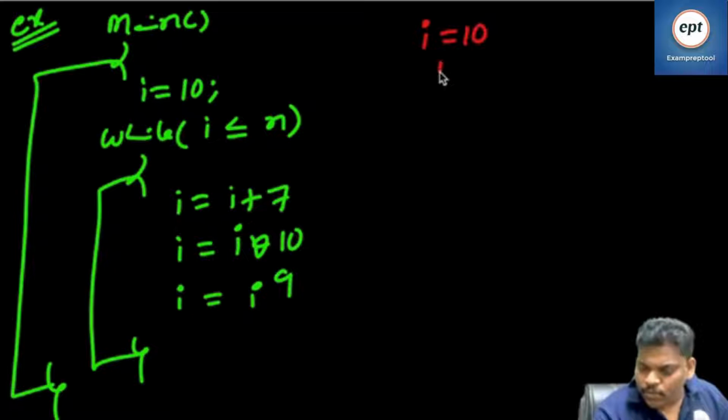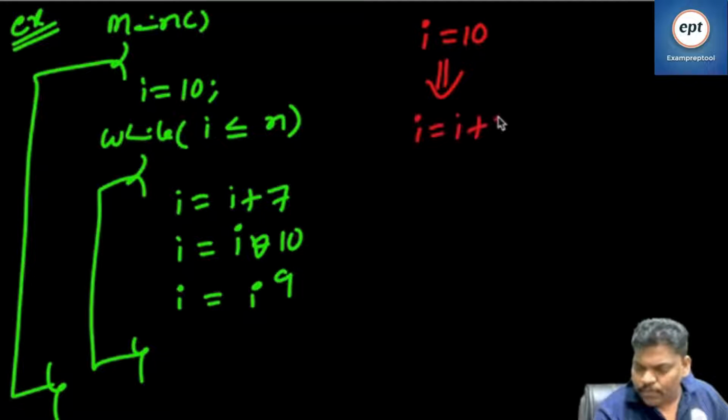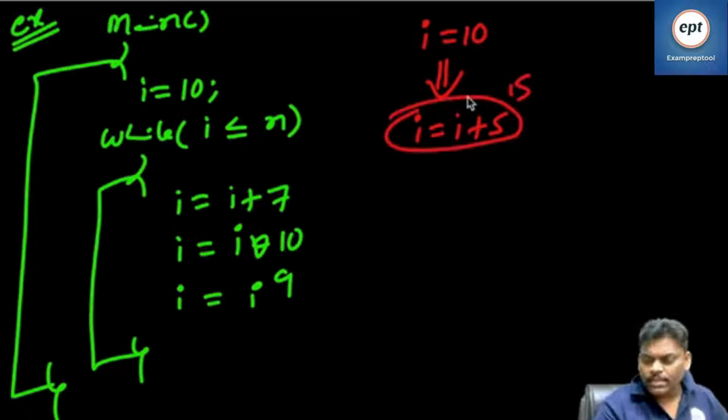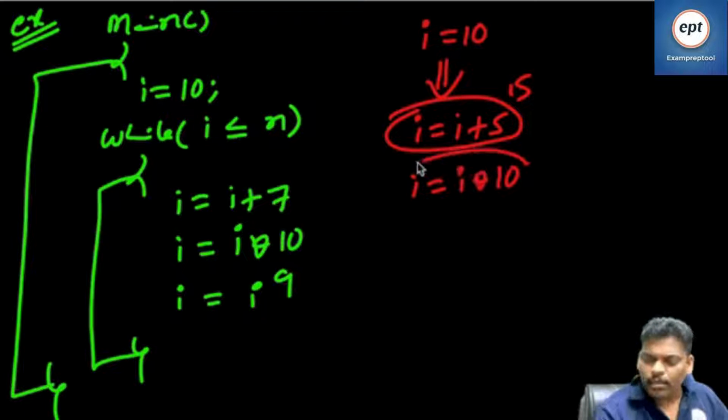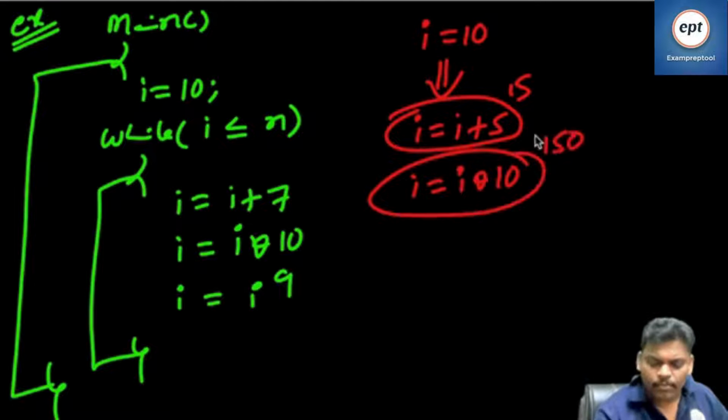If I is equal to 10 and I is equal to I plus 5, it became 15. Next one, I is equal to I into 10: 15 into 10, it became 150.